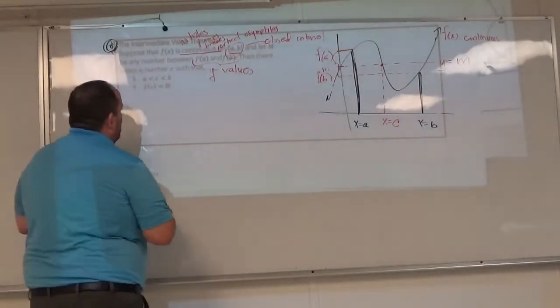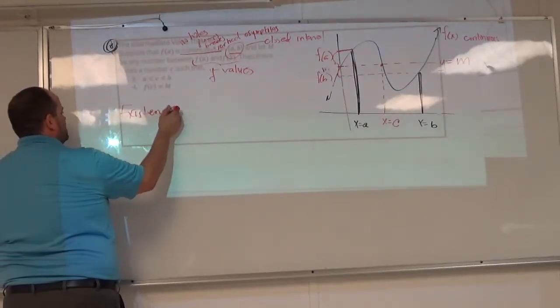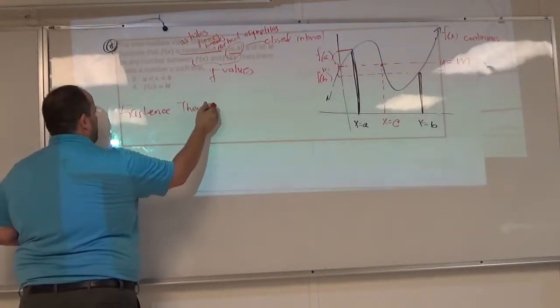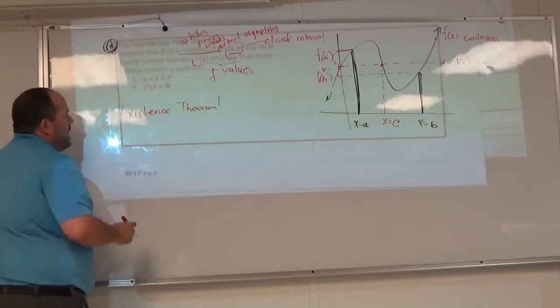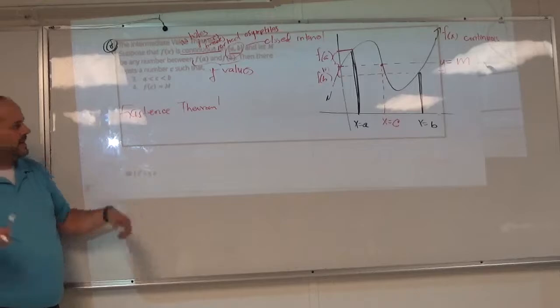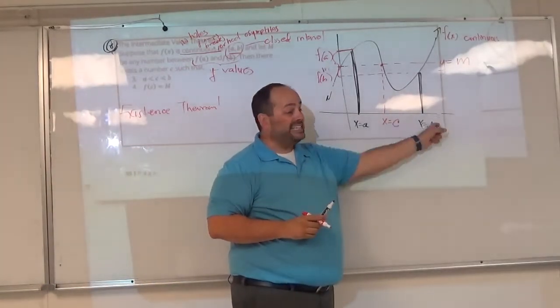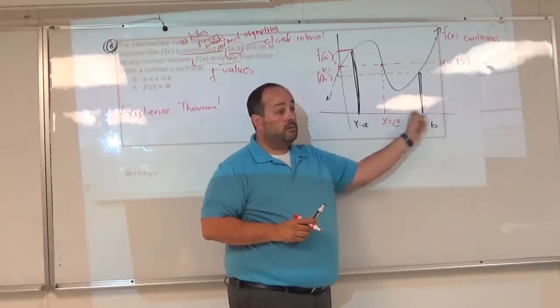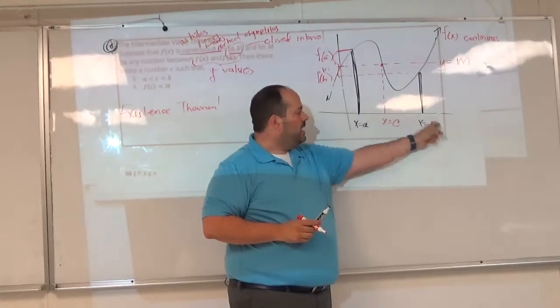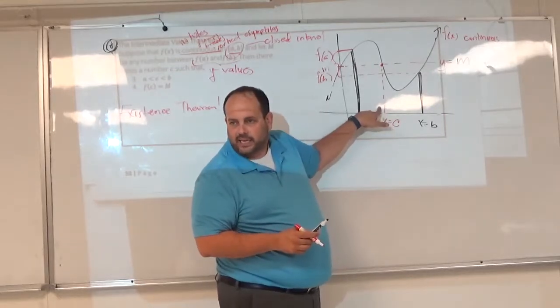Now, here's the thing. It's called an existence theorem, E-X-I-S-T-E-N-C-E theorem. It's called an existence theorem because all that the theorem says is C has to happen somewhere in between here and here. I'm not saying it happens at this place.